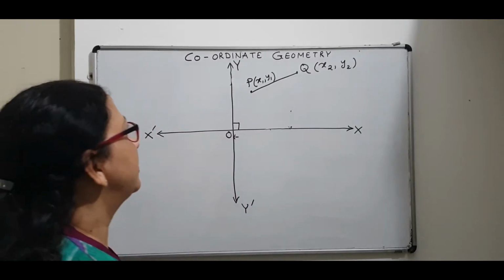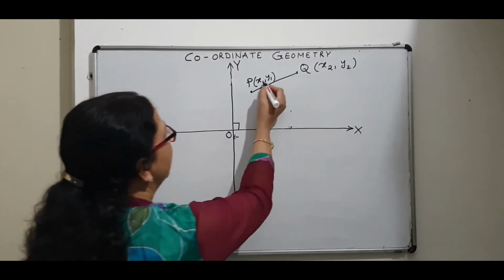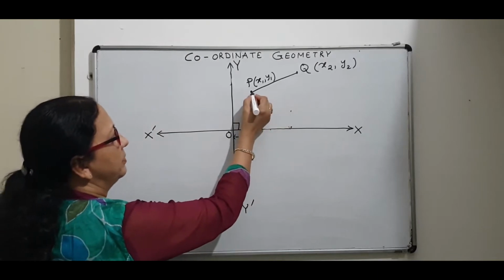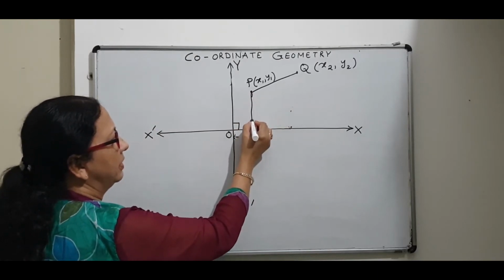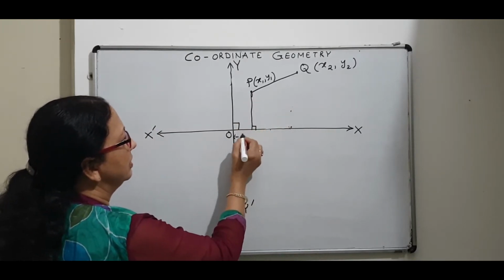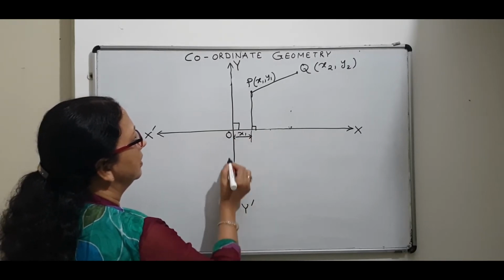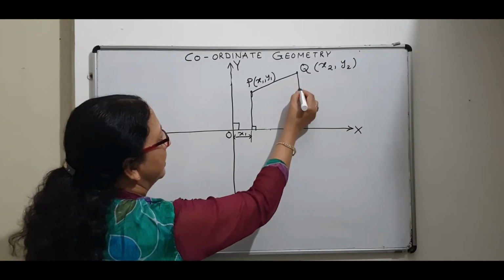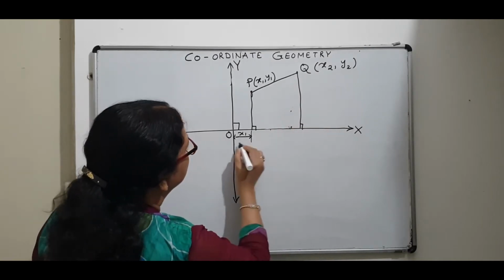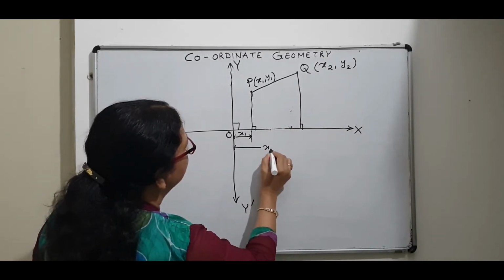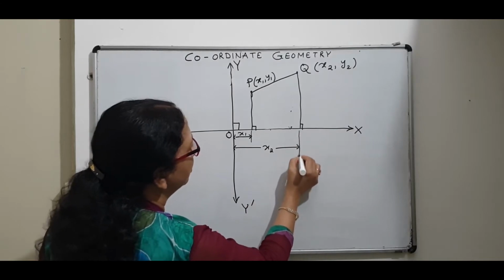And how we derive the distance formula, you see. When I know the coordinates of a point, that means if I drop a perpendicular, by the definition, this much is your x1, and if I drop another perpendicular, this length will be your x2 by definition, as I've told you earlier.